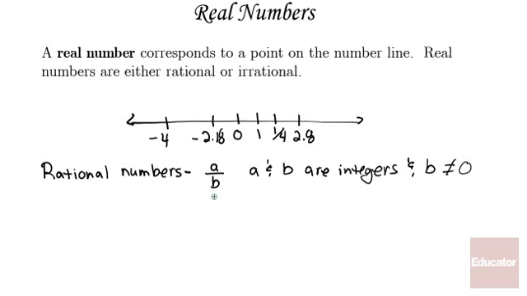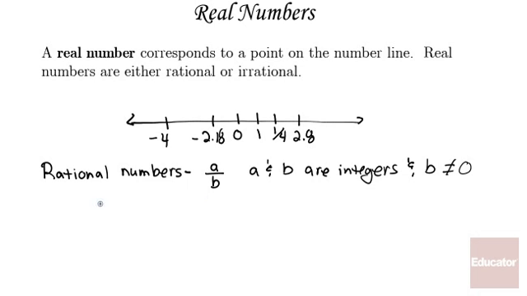When a rational number is expressed as a decimal, it will either be terminating or repeating. Let me explain what I mean by this. If I have an example such as 1/2, and I convert that to decimal form, it's going to terminate.